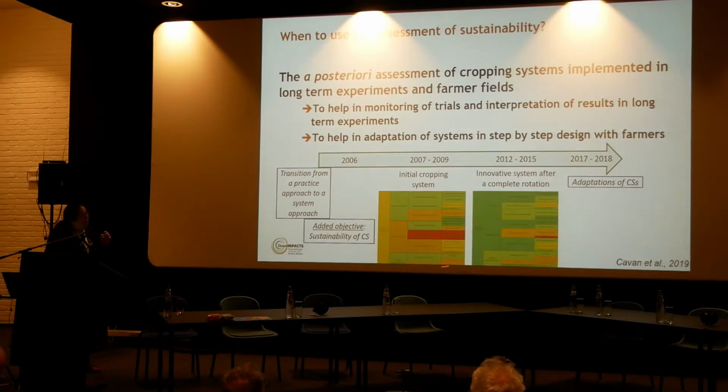So first evaluation, then the evaluation after one complete rotation, and it was a good way to discuss with all the group of farmers about what they have implemented in their farm, considering their pedoclimatic context and their economic constraints, and then they discuss all together to know what is possible to be generalized or not.